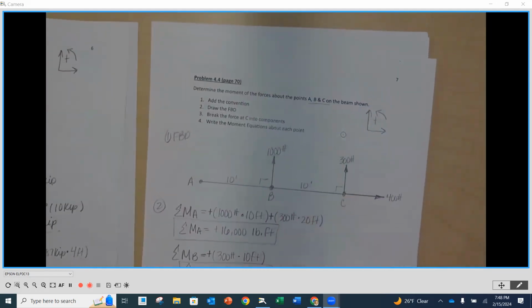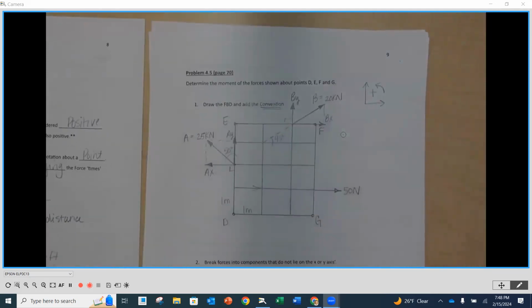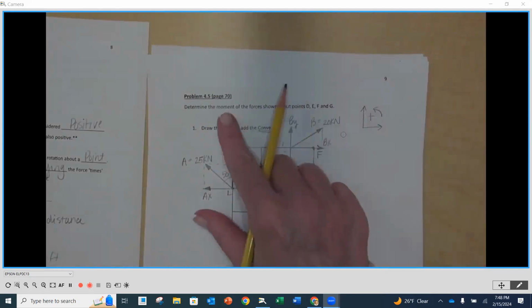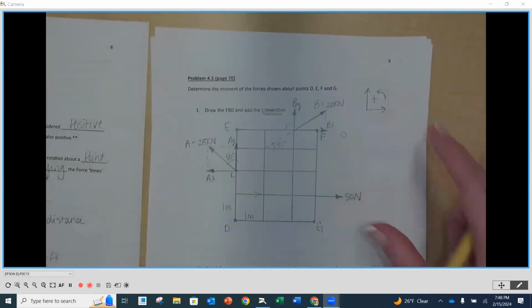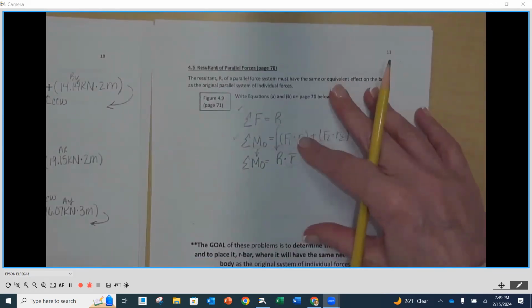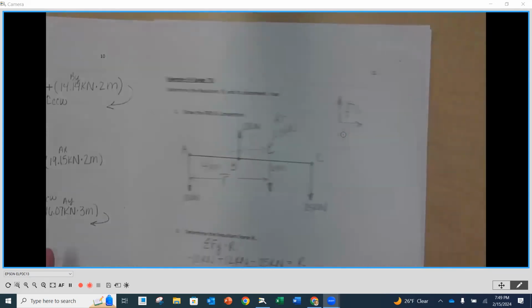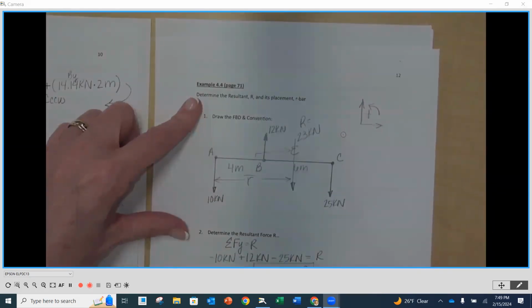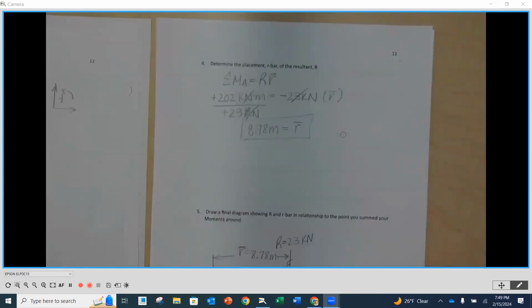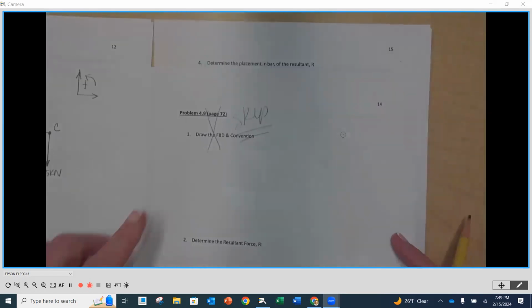Example 4, page 7. We did our quick review on page 8. We did problem 4.5. Page 11, we filled this in for section 4.5. Page 12, we did example 4.4. That went over to page 13. On page 14, we skipped 4.9. So you can cross off that.